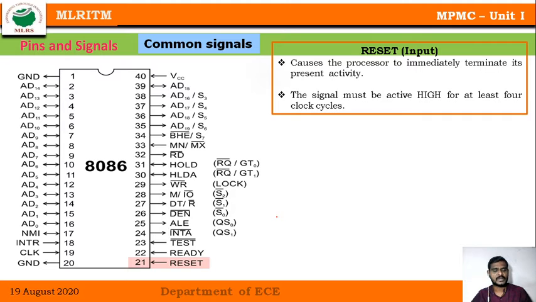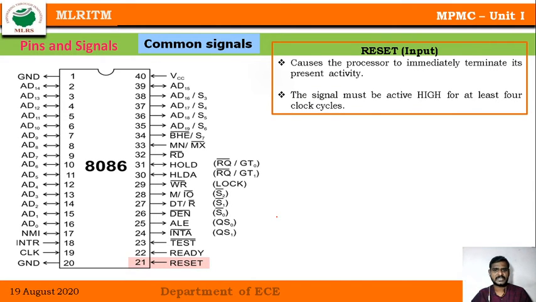Whenever I'm resetting, whatever the present task carried out by the 8086 will be terminated, and all the internal registers, segment registers, instruction pointer and program counter are reset to their respective original positions.